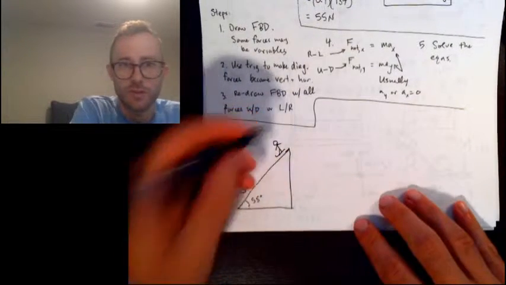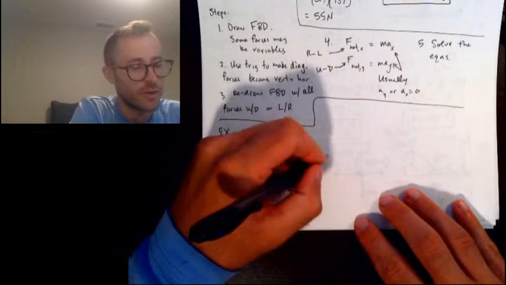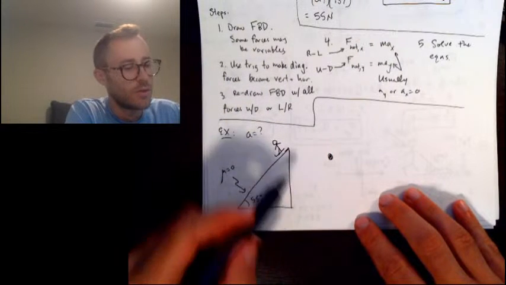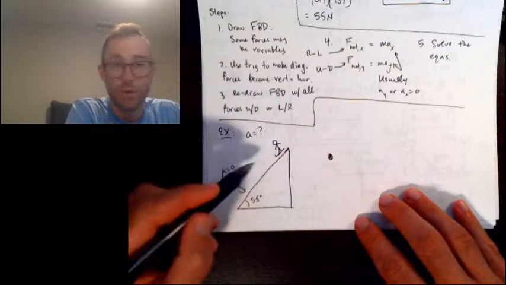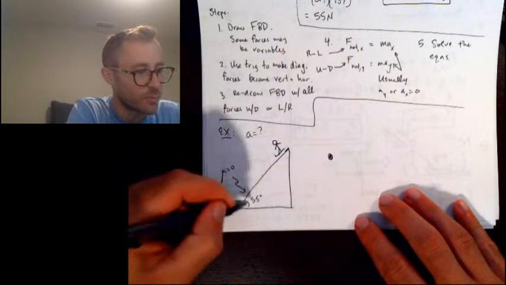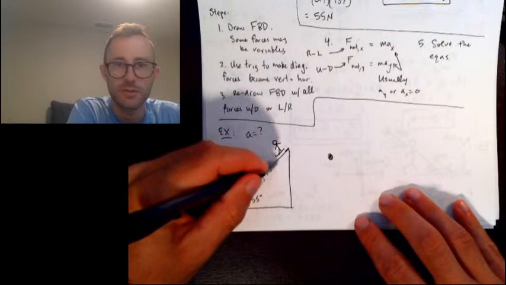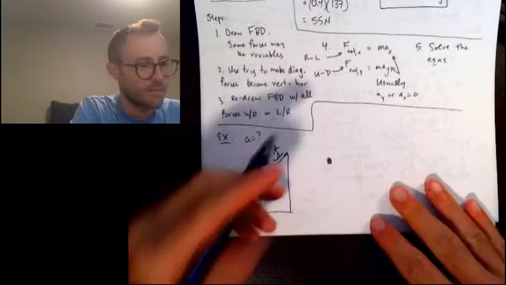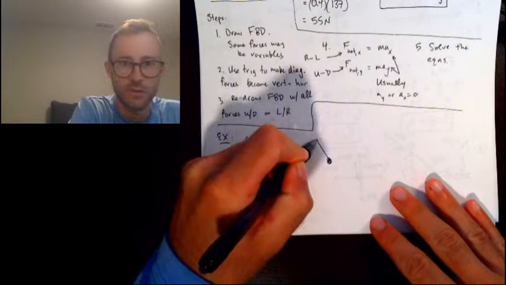This is a little bit tricky at first. If we draw our free body diagram, we can see that the normal force goes perpendicular to the surface. The surface is angled, so the normal force goes perpendicular to that. So the normal force goes this way.